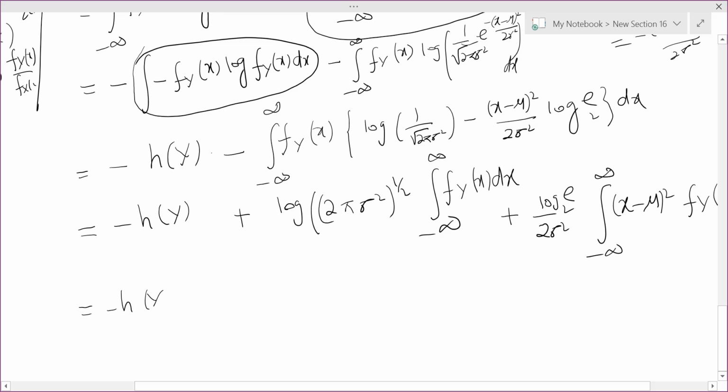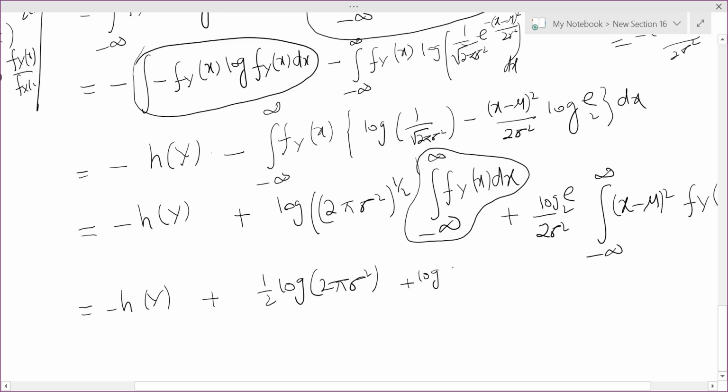So first will be minus h of y plus half log of 2 pi sigma square. Okay, integral minus infinity to plus infinity fy, that will be 1 because it is a PDF. Okay, plus log e to the base 2 divided by 2 sigma square, and this is clearly the variance, that is sigma square.